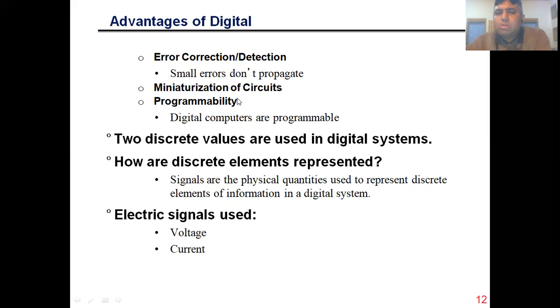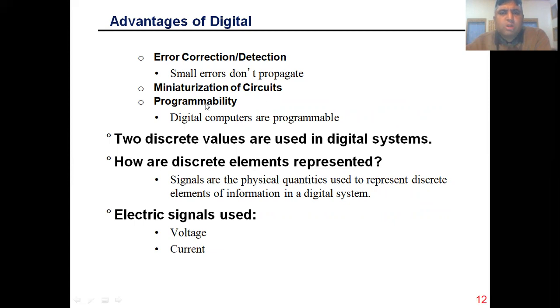So there are these two possible errors which can occur in a digital circuit. In an analog signal, error is not that simple. Basically, in an analog signal there is a wide variation of errors which can happen in an analog circuit. So this is one advantage of a digital circuit, that error can be detected and corrected very easily.